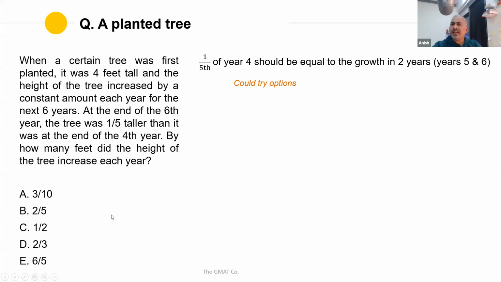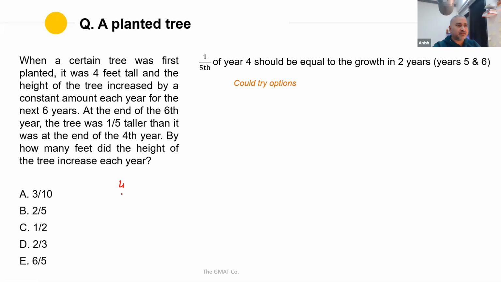One way is we could try the options also. This is just to highlight how we can use options as well. By how many feet did the height of the tree increase each year? These are the answer choices of feet per year. Let's start with the very first option, 3/10. On one side, I'll figure out the height at the end of the 4th year. That's the initial height 4 feet plus 4 times this answer choice. So 4 feet plus 4 times 3/10 is the height at the end of the 4th year.